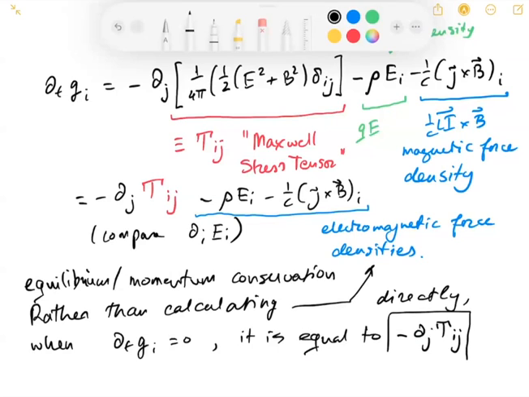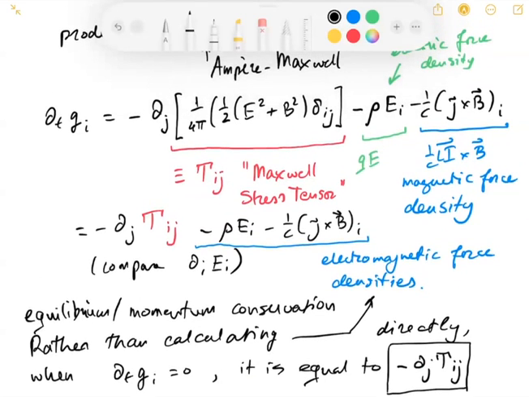So all of the useful stuff comes from the fact that we need to figure out a way to calculate this property, the divergence of that stress tensor with a minus sign, for specific cases. And because, as you can see, that Maxwell stress tensor has in it only, I forgot some terms. The Maxwell stress tensor has in it only electric and magnetic fields.